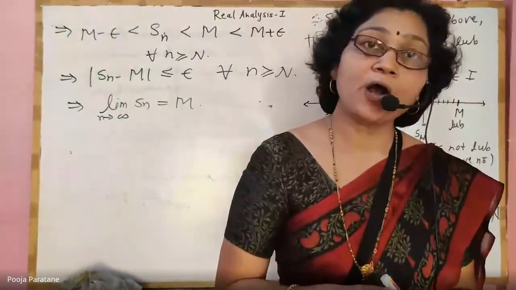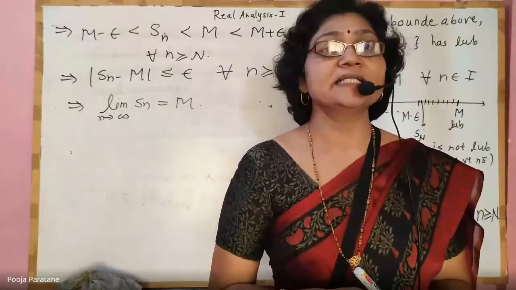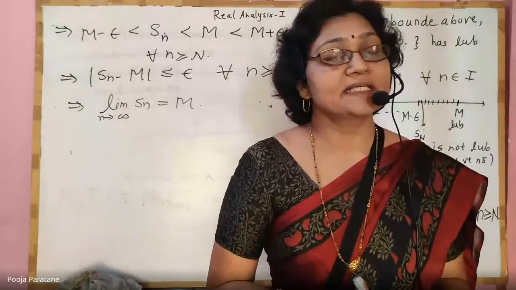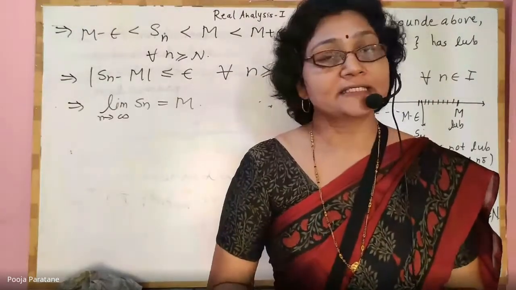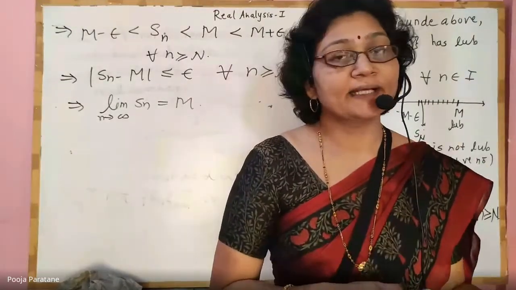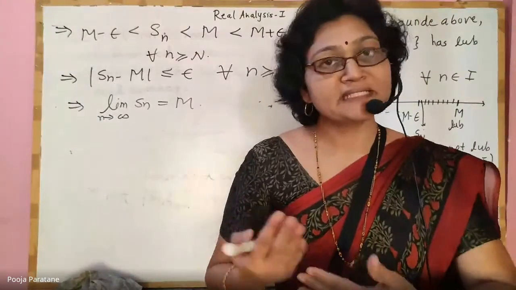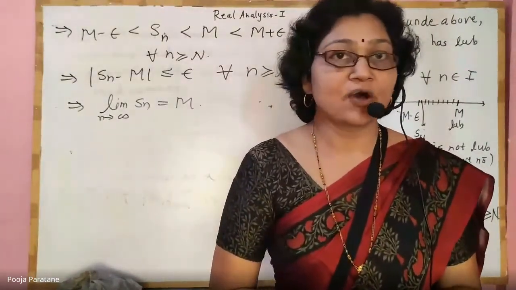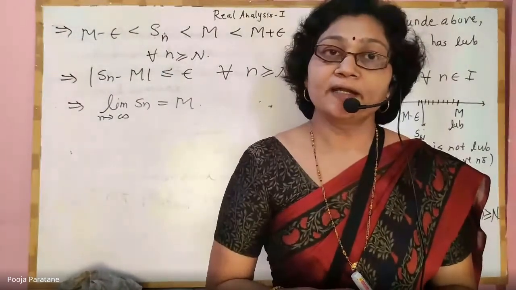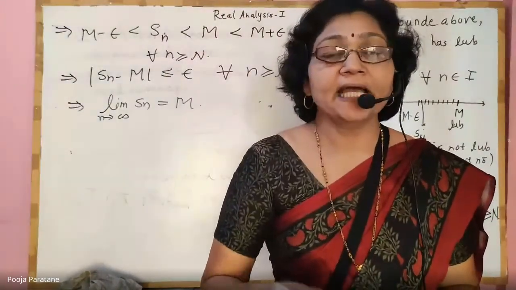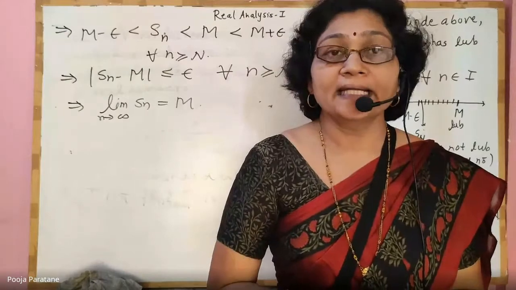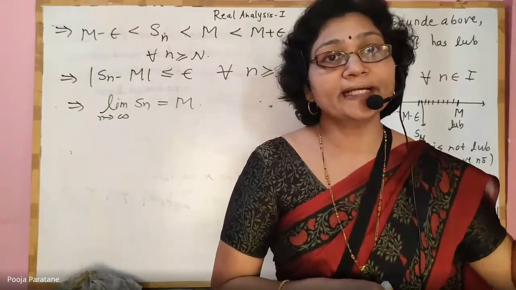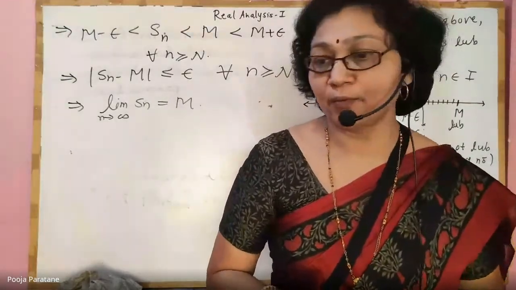So if you have a monotone increasing sequence, that is a non-decreasing sequence, and if the sequence is bounded above, obviously as it is a non-decreasing sequence, it is bounded below. Means we can say that the sequence is bounded. So if the sequence is non-decreasing and bounded above, then the sequence is convergent and converges to its least upper bound.